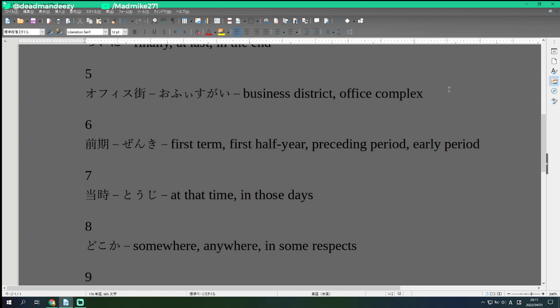Ofisu gai is the office complex or the business district.